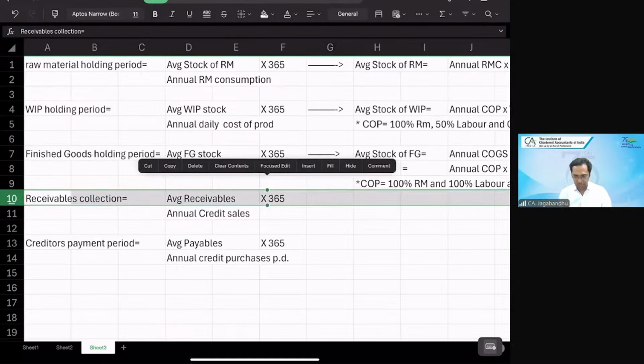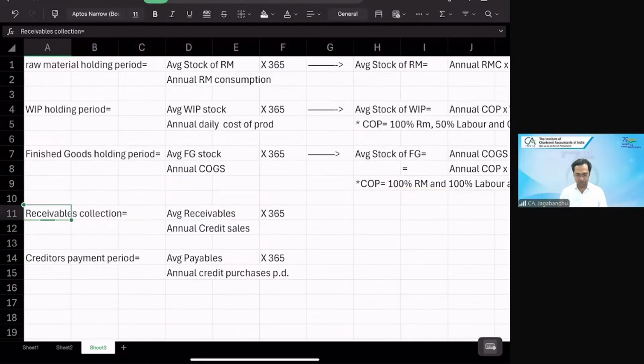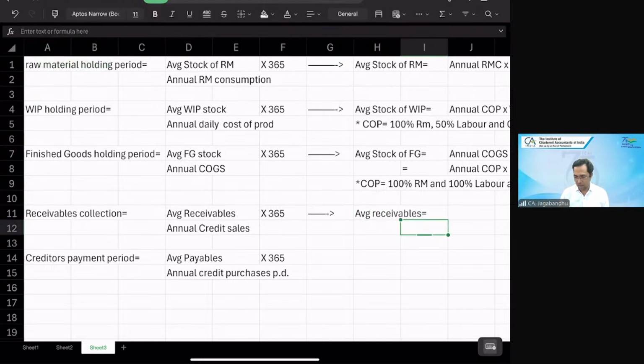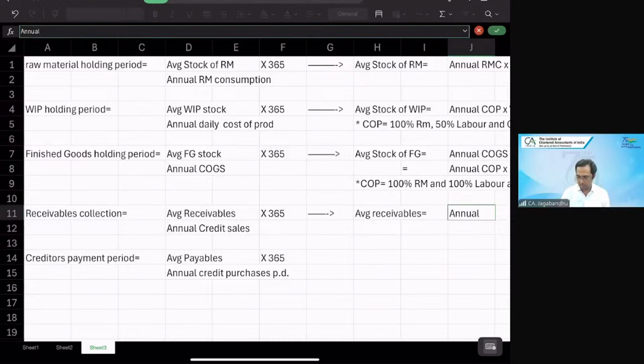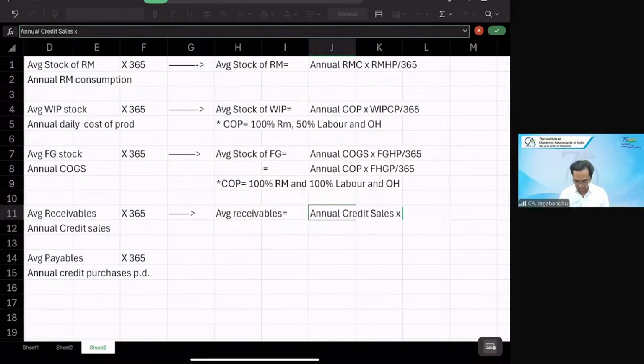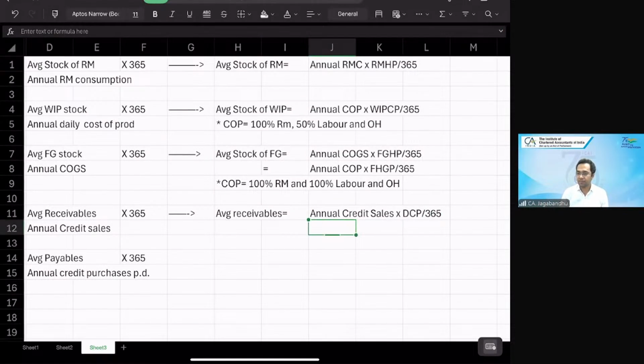Then receivables collection period. We have average receivables upon annual credit sales into 365. So from this, if I want to compute the average receivables, average receivables will be annual credit sales multiplied by debtors collection period by 365, right?